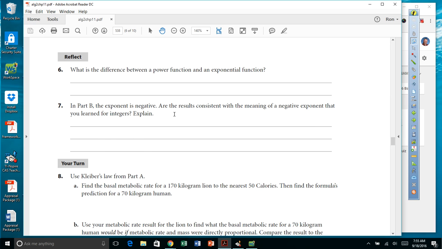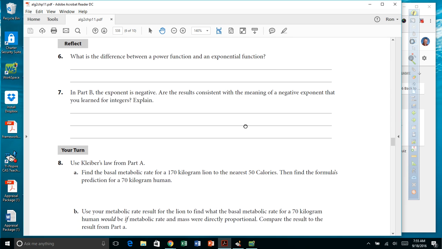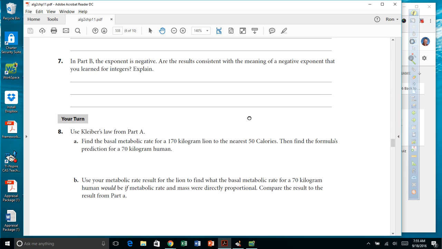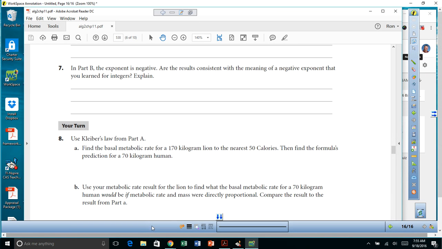In part B, the exponent is negative. Are the results consistent with the meaning of a negative exponent that you learned for integers? Well, what did we learn for integers? We learned that x to the negative 2 power was 1 over x squared.